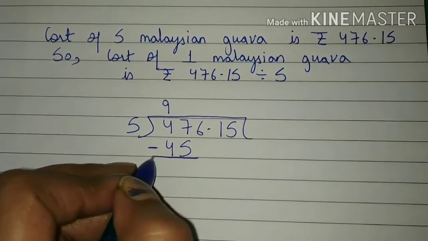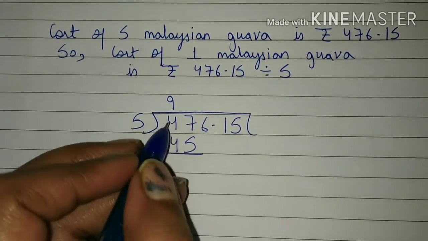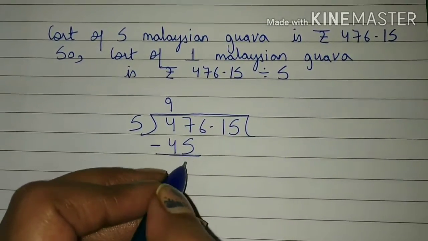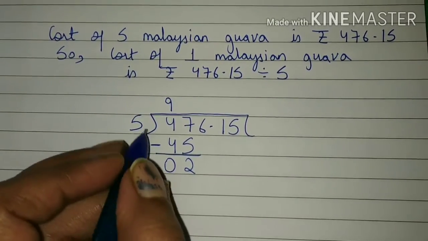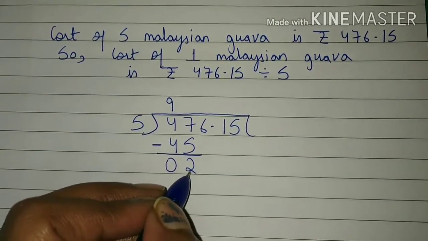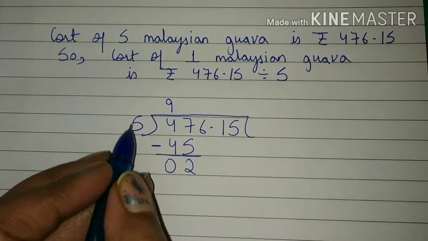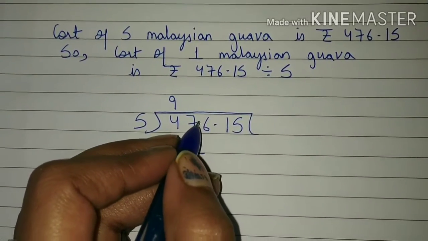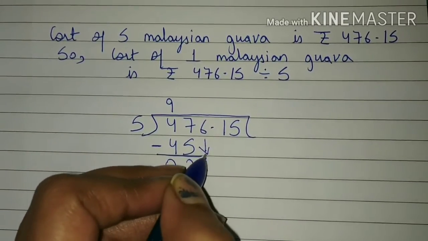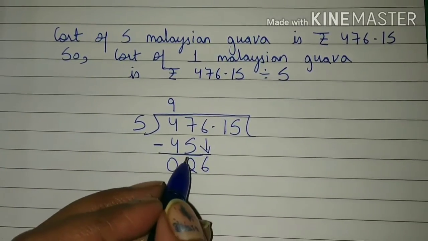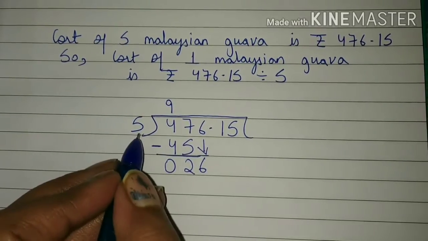Now students, we will subtract these two numbers. 7 minus 5 is 2. 4 minus 4 is 0. Students, 2 is not coming in the table of 5. So we will copy down next number, that is 6 here. Now students, we will divide 26 by 5.